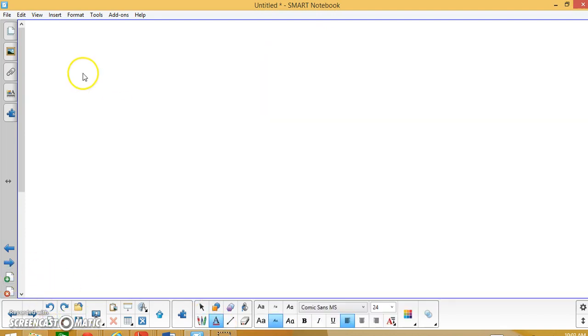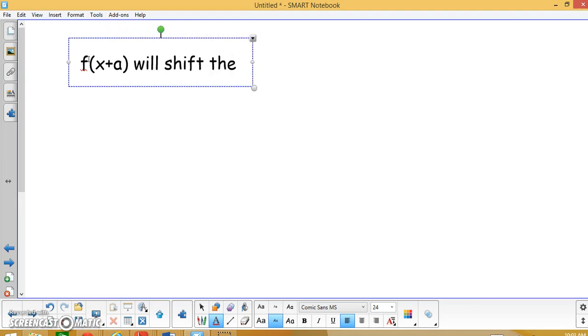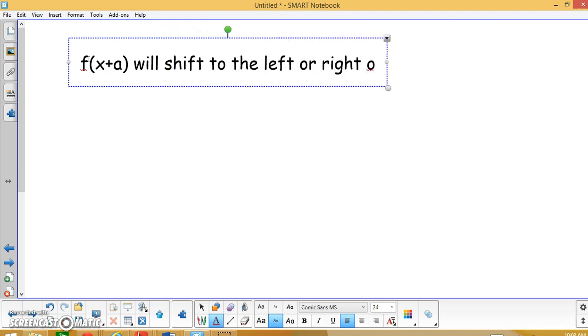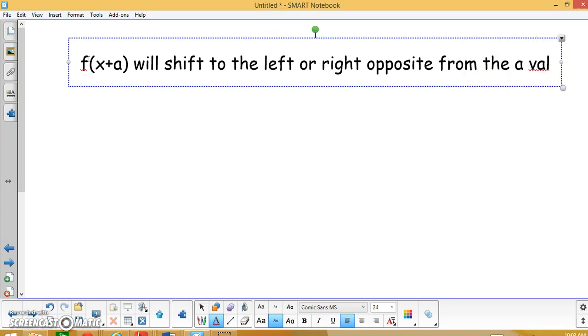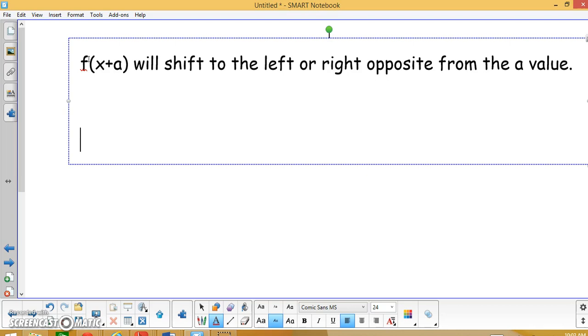So what we have here is f of x plus a will shift to the left or right opposite from the a value. So for example, f of x plus 3 we found will shift to the left, which is our negative side.